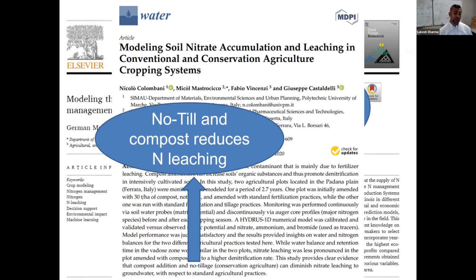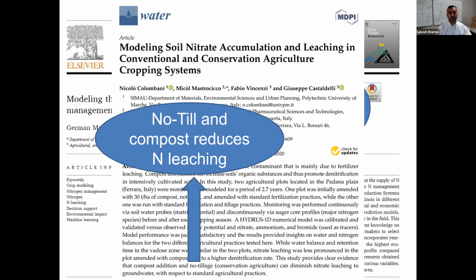So that was also modeled, and we have no-till and strip-till practices in corn production system, and there is some compost application in citrus and some other crops.